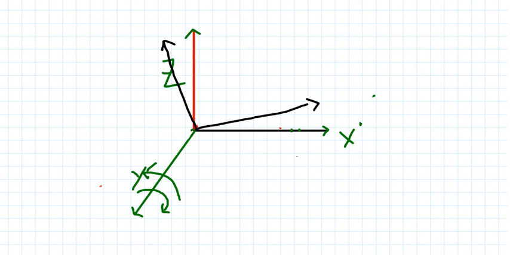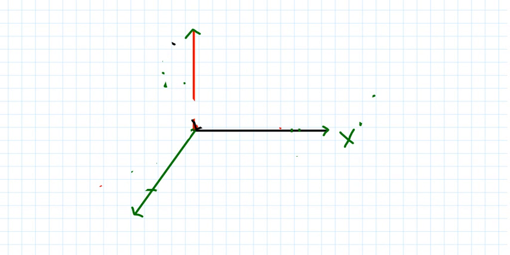Similarly, you can rotate all the objects in our three-dimensional xyz space by getting hold of the z-axis.